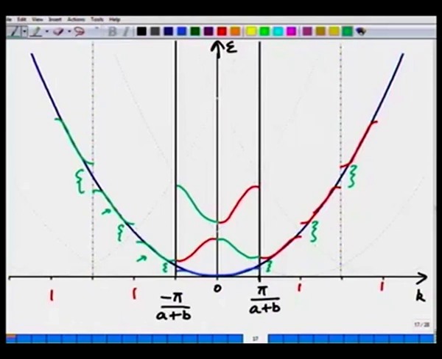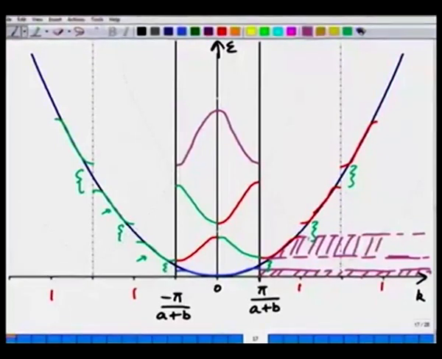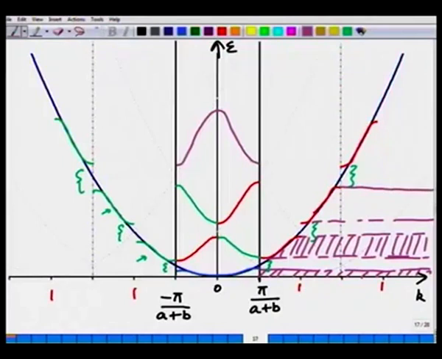And if we continue on this, then similarly the next one would be like this, coming out like this, and in the first Brillouin zone I am therefore showing you that these are the allowed values of energy. So this right here is an allowed value of energy, then there is this allowed value of energy, then there is this allowed value of energy.